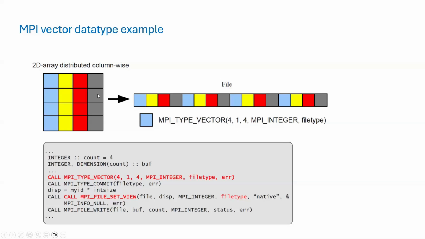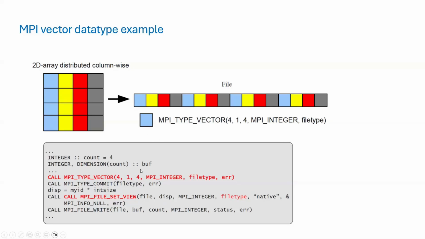So in this type, for example, the count is 4, and each block has 1 word, and then the buffer subset is 4. So this is the count for that, and then you can define that in this API.